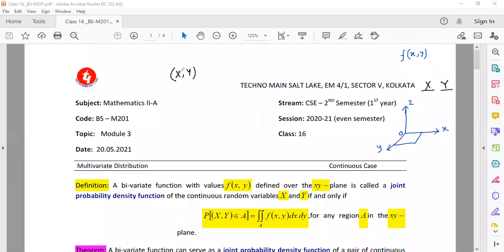Now, corresponding to the pair of values x, y, if I substitute that value, we will get something which will be called f of xy.